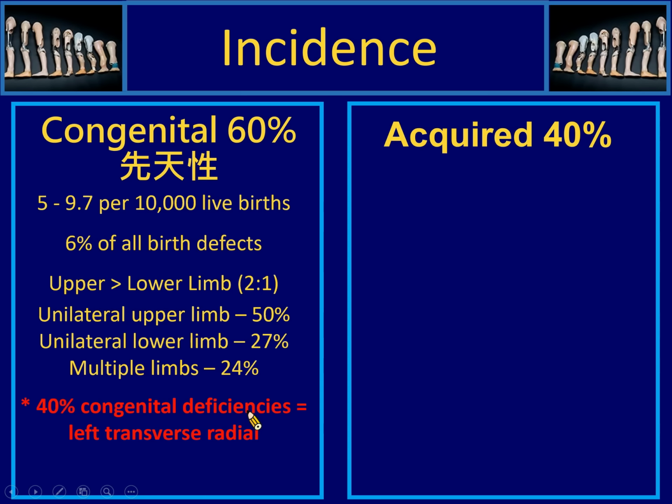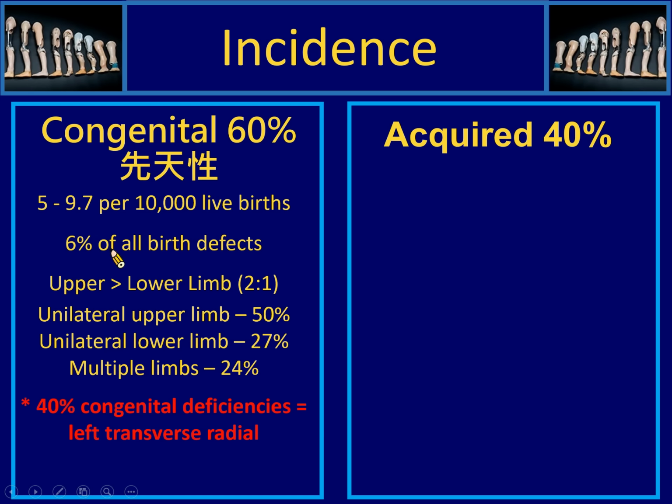So the incidence of congenital limb deficiency overall, including upper and lower limb: congenital accounts for 60%, and acquired is about 40%.